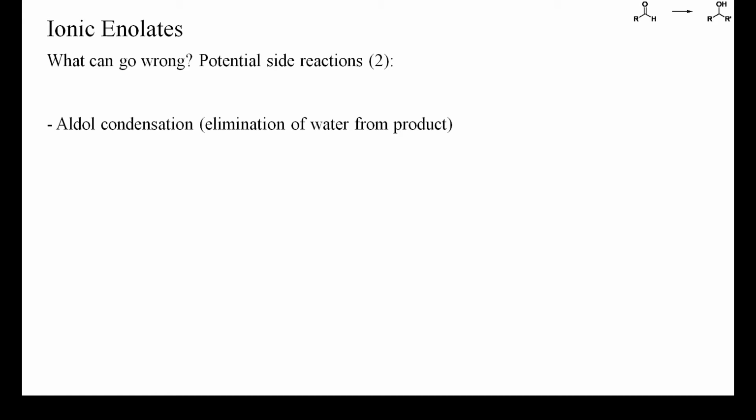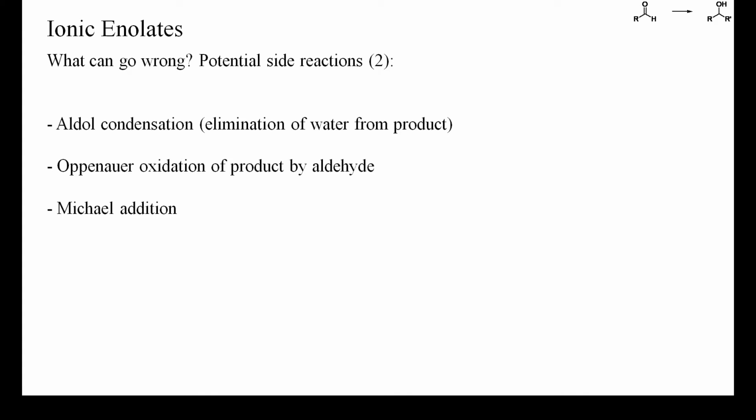The low reaction temperature also helps to prevent elimination reactions. Another side reaction occasionally seen is the oxidation of the produced secondary alcohol by an excess of aldehyde to a ketone. Some alpha-beta unsaturated aldehydes may also undergo Michael addition, in particular in the presence of traces of transition metals, such as copper or palladium.